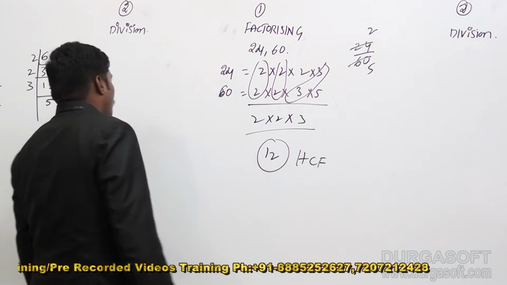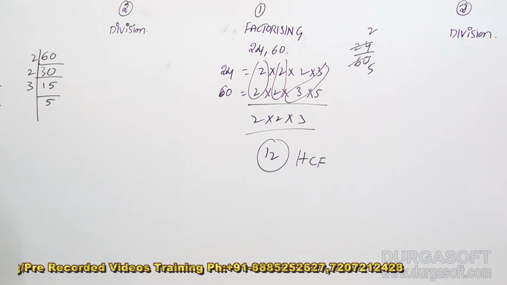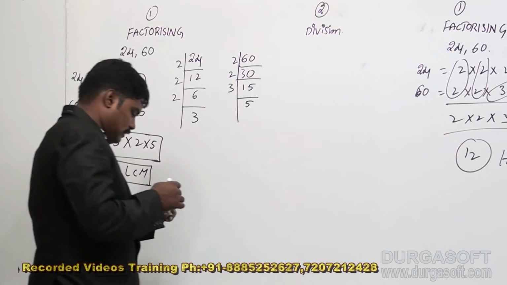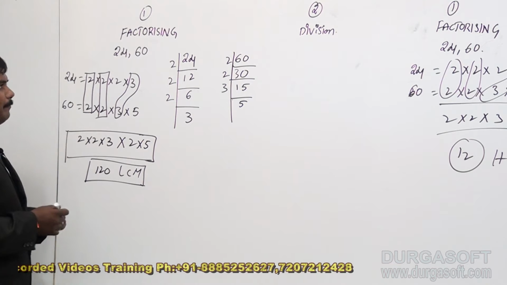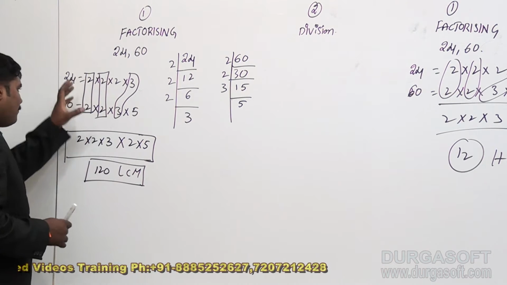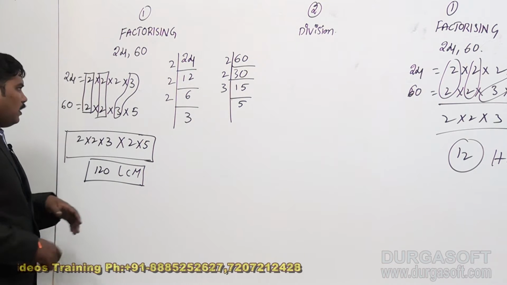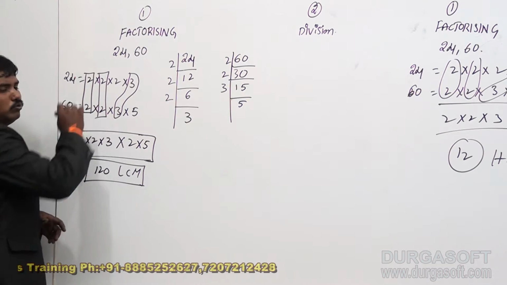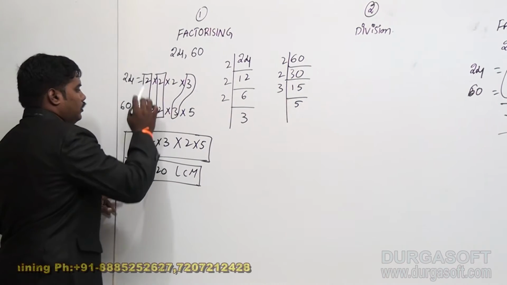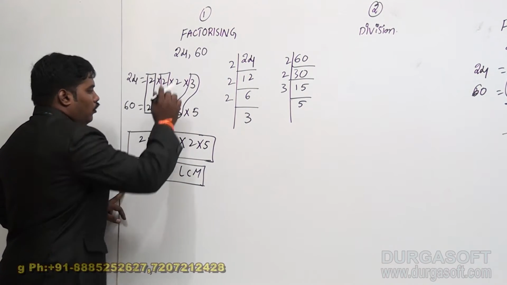So the major variation between LCM and HCF is that the least common multiple is a multiple that is common to both numbers simultaneously, 2 into 2 into 3 and 2 into 5.